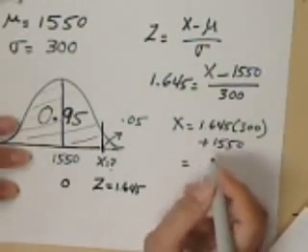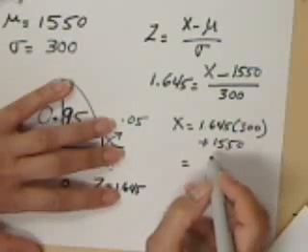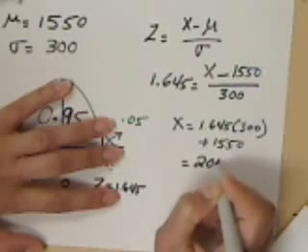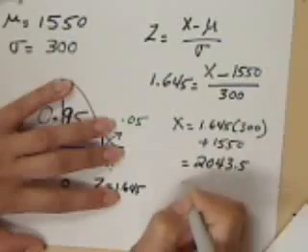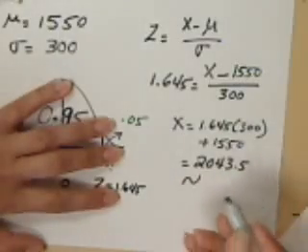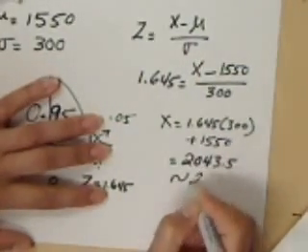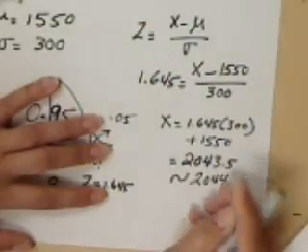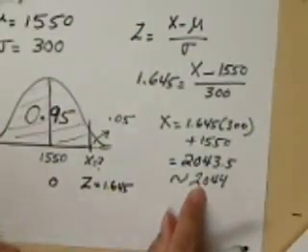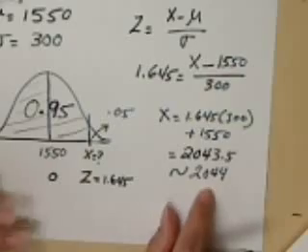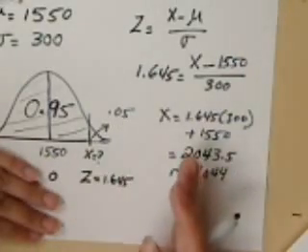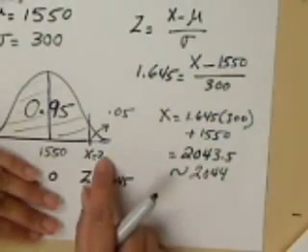So I get x to be 2,043.5. Rounding, because these are fatalities, we cannot have half a fatality, that'll be 2,044.